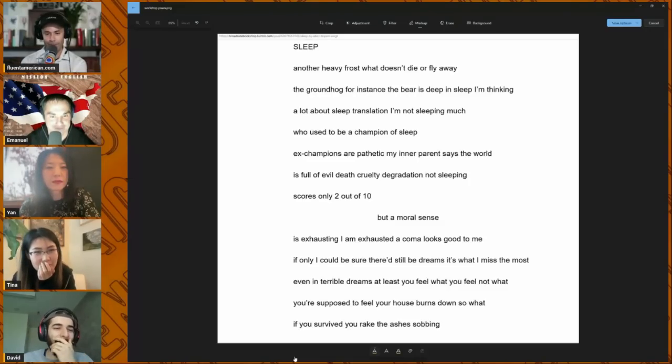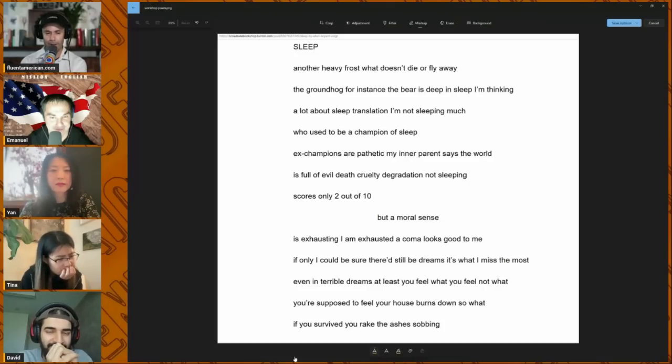Another heavy frost. What doesn't die or fly away? The groundhog, for instance. The bear's deep in sleep. I'm thinking a lot about sleep. Translation: I'm not sleeping much. Who used to be a champion of sleep? Ex-champions are pathetic. My inner parent says the world is full of evil, death, cruelty, degradation.